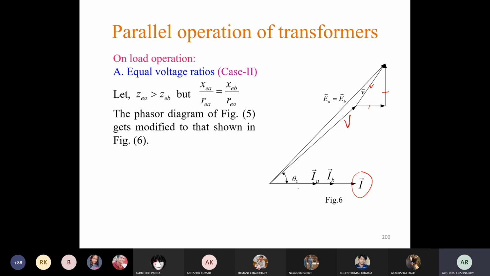So here we can use one advantage, that we can use the total capacity of the two transformers, but there is another problem. Let us see.